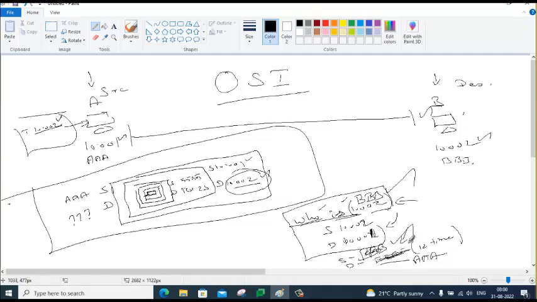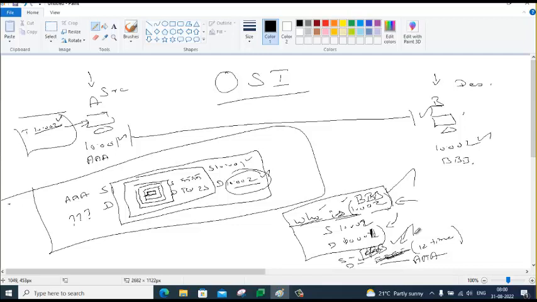So the MAC address is both in the data link layer of the reply packet as well as in the payload.